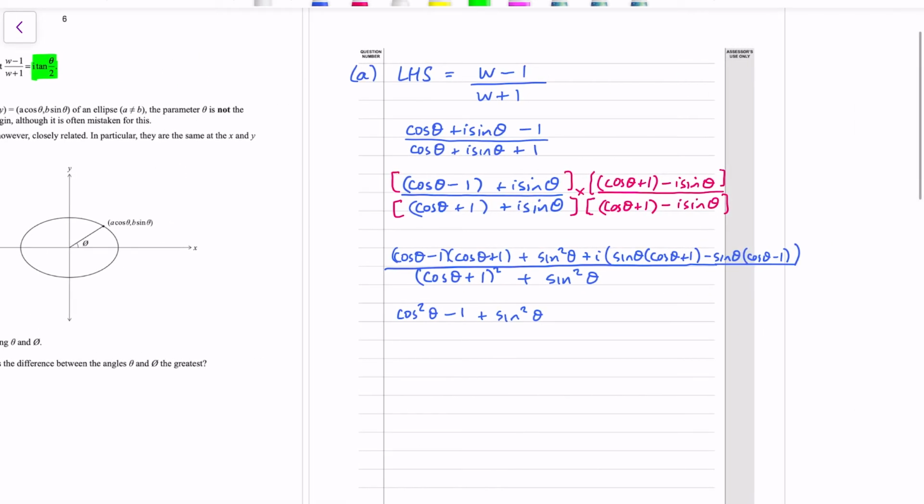So the fact that we've got this whole term here cancelling is exactly what we wanted. Plus i times by 2 sine theta. The sine cos cancels with the minus sine cos. Denominator, expanding it out, I've got cos squared and sine squared makes 1, with the other one makes 2. 2 plus 2 cos theta.